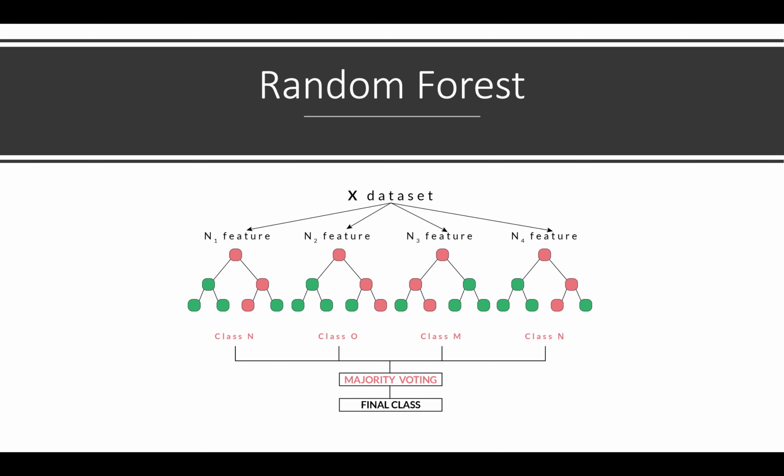The reason for doing that is to avoid the correlation of the trees. If one or a few features are very strong predictors of the target, these features will be selected to split examples in many trees. This would result in many correlated trees in our forest.